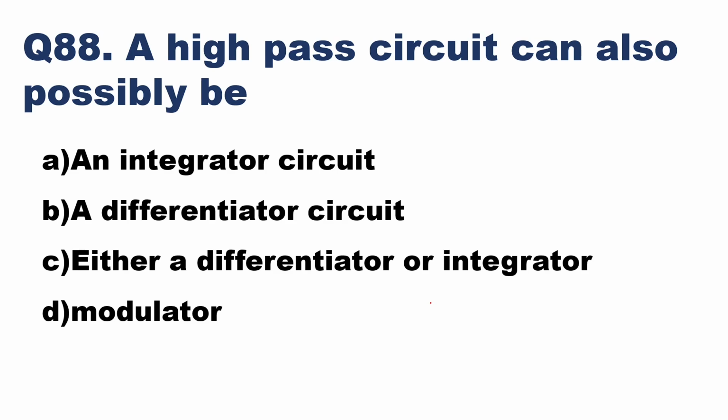So option B will be the right answer here. Similarly, if it were a low pass circuit, then the low pass filter can also act as an integrator circuit. But here it has been asked for high pass. So a high pass circuit can also act as a differentiator circuit. So option B will be the right answer here, differentiator circuit.